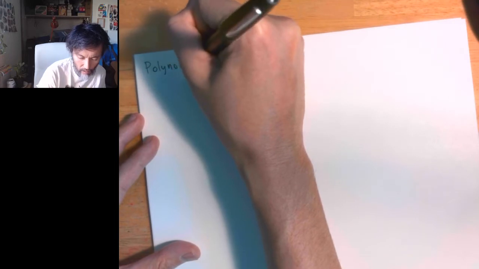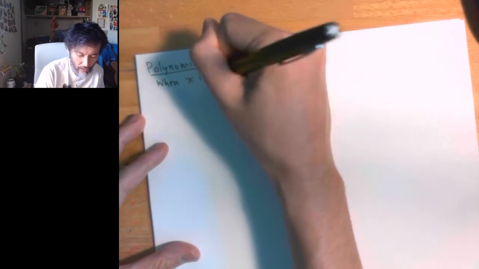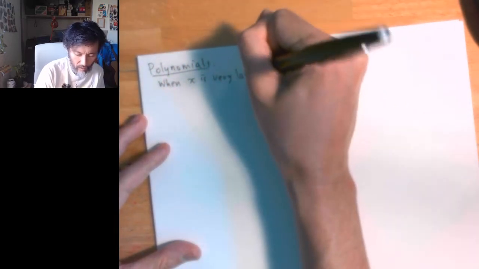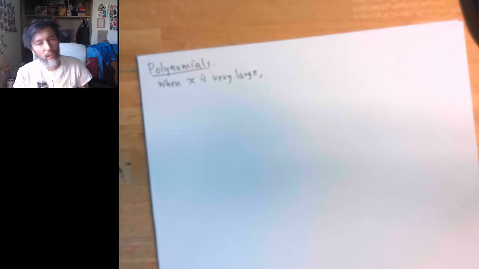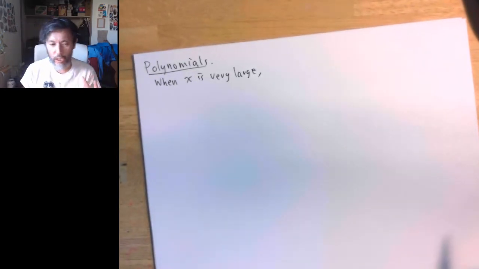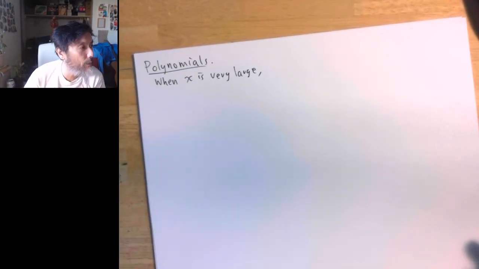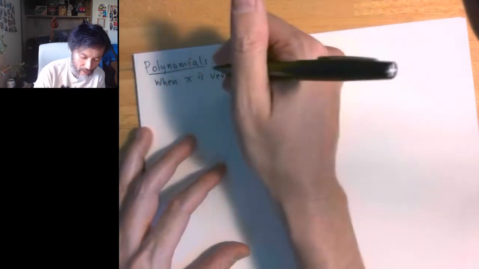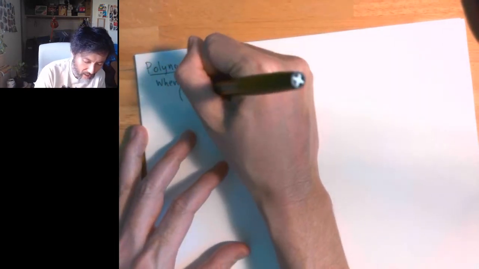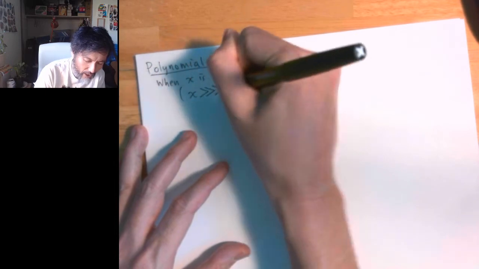Polynomials. So here's the statement. When x is very large, I mean like x is 1 trillion trillion trillion or whatever, just an enormously huge number, we have notation for this actually. What we write is that x is much, much, much greater than 0.